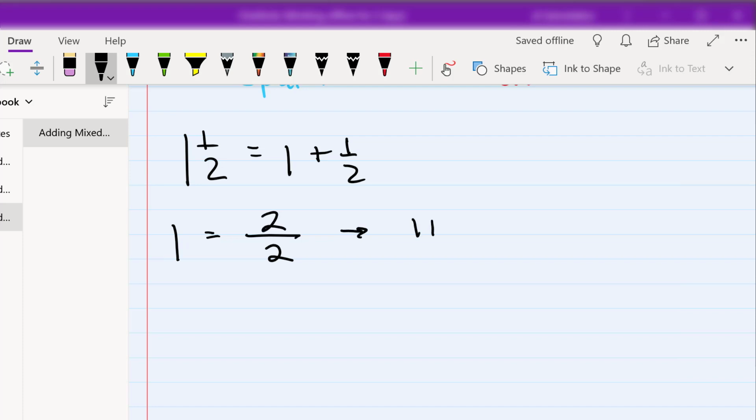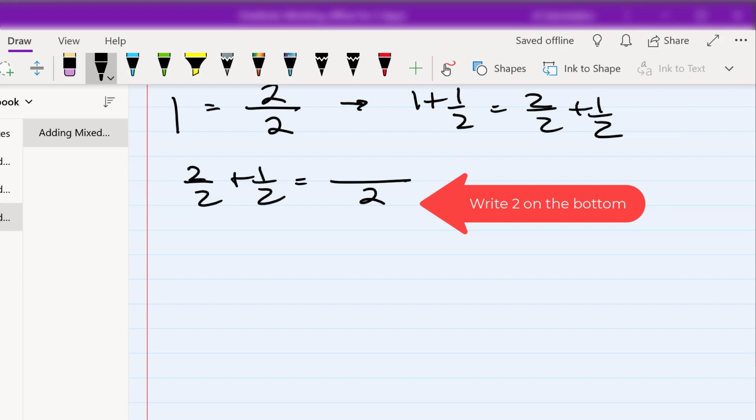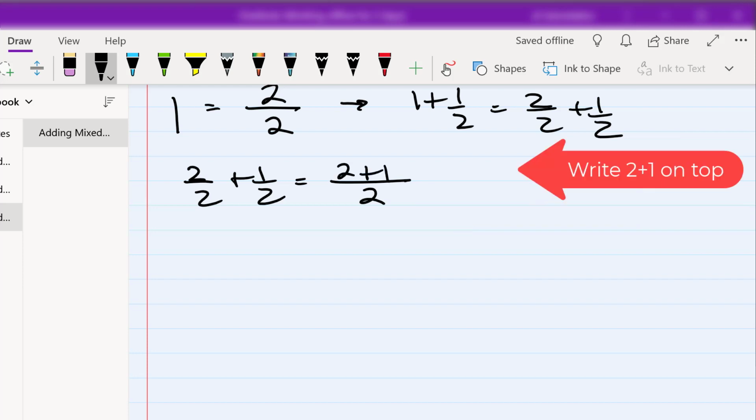Therefore, 1 plus 1/2 is really 2 over 2 plus 1/2. Now that we have two fractions and both have the same denominator, we can add these. How do we do that? 2 over 2 plus 1/2 is, we write the denominator 2 and we add the numerators 2 plus 1, which is 3/2.